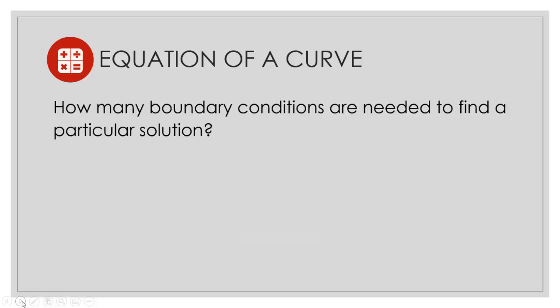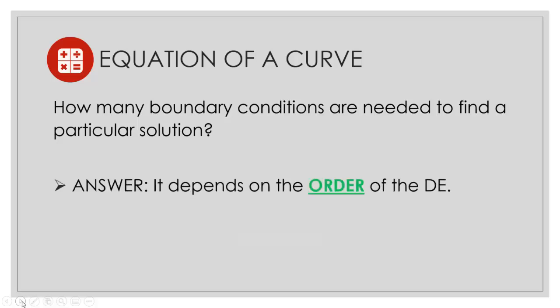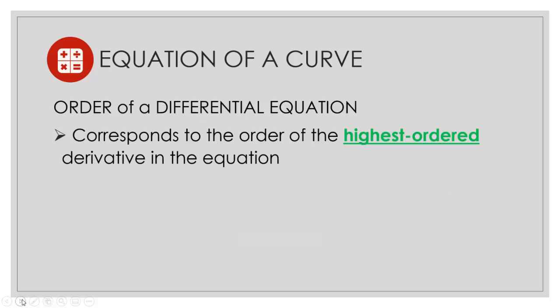A good question to ask is how many boundary conditions are needed in order for us to determine a particular solution for our differential equation. The quick answer is that it depends on the order of the differential equation that we are given. The order of a differential equation corresponds to the order of the highest order derivative appearing in the differential equation.